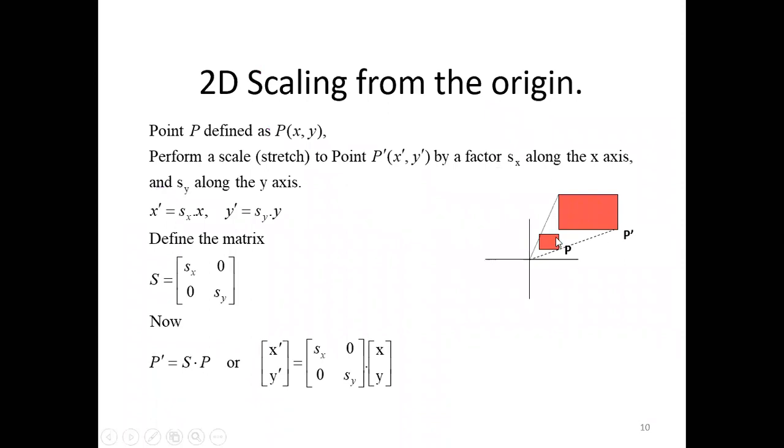As you can see, P is an object, and the location of P is X, Y. So we will create a matrix of X and Y. This is the scaling factor, Sx and Sy. For the first image that we did, Sx will be 0.5 and Sy will be 0.5. And the result image, that is P prime, will be X prime, Y prime.